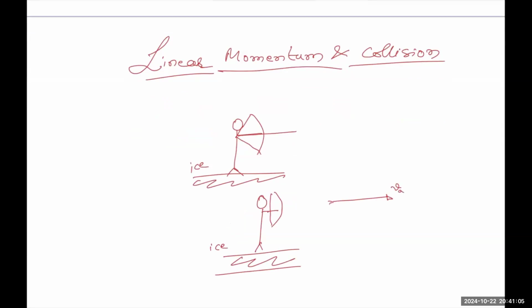So this person will move back automatically with some velocity, VP.